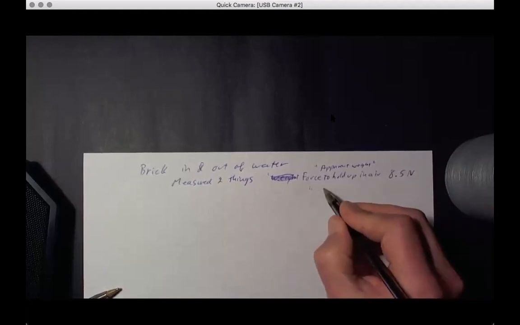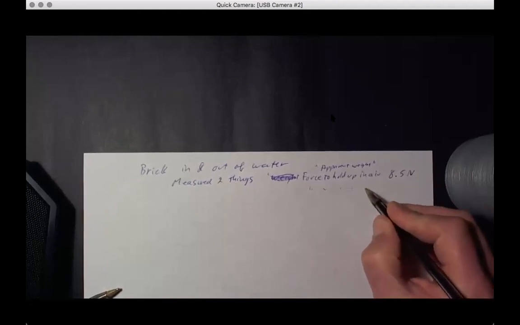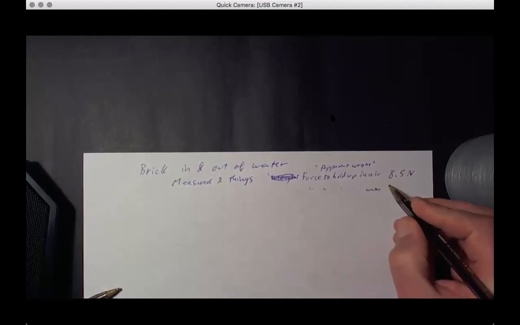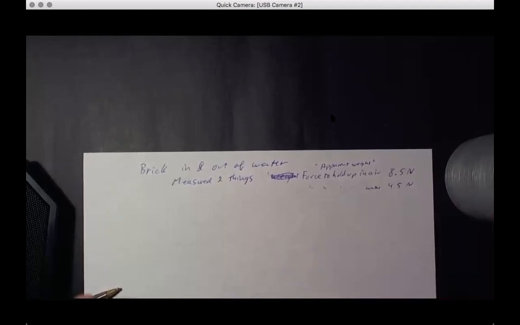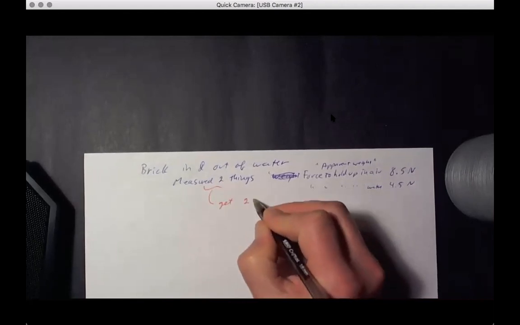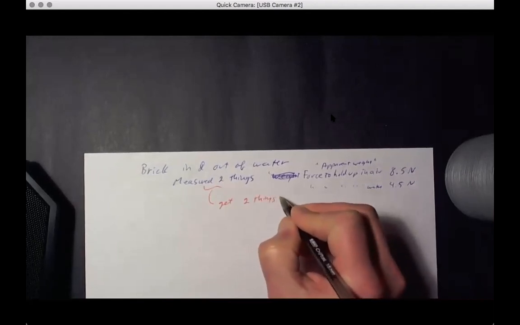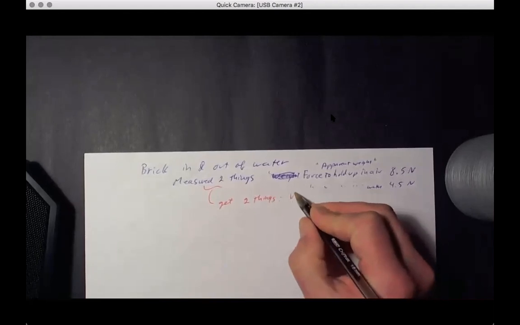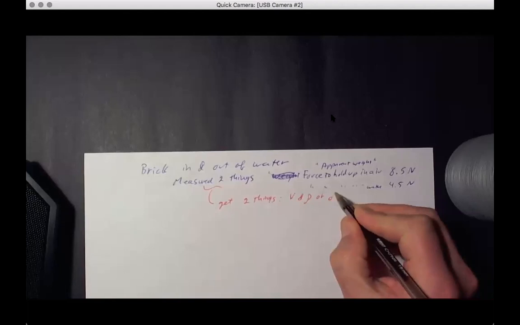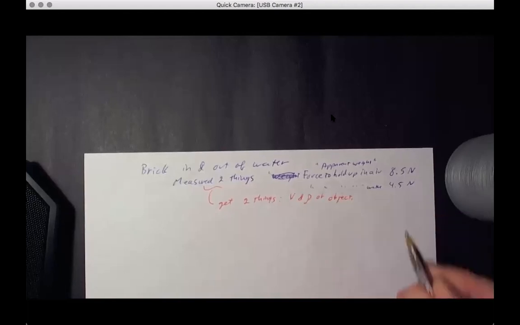And the force to hold it up in water, that was 4.5 newtons. So we measured two things, we should be able to get two things. And the things we're going to try to get are the volume and density of the object, which looks like a brick.